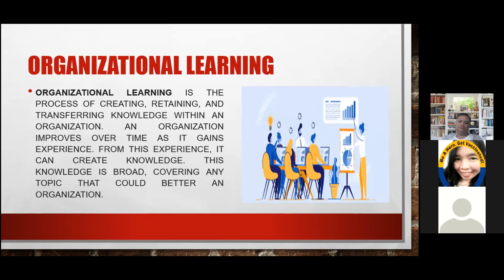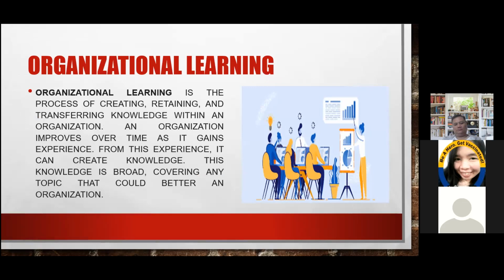Organizational learning. It is the process of creating, retaining, and transferring knowledge within an organization. An organization improves over time as it gains experience. From this experience, it can create knowledge.